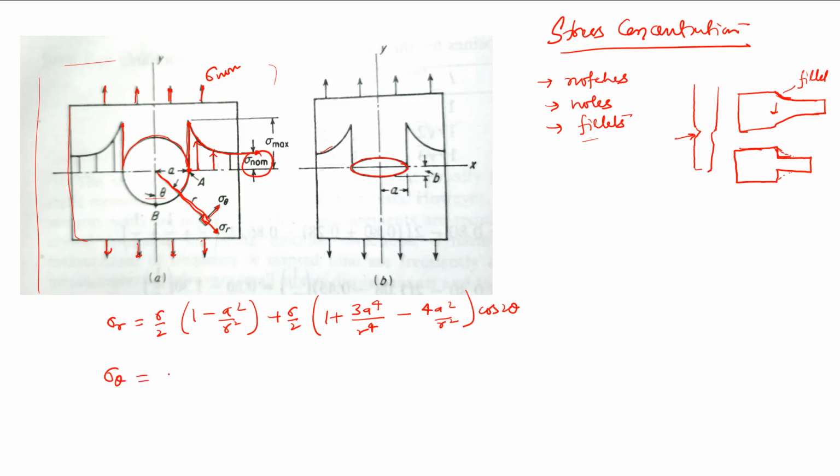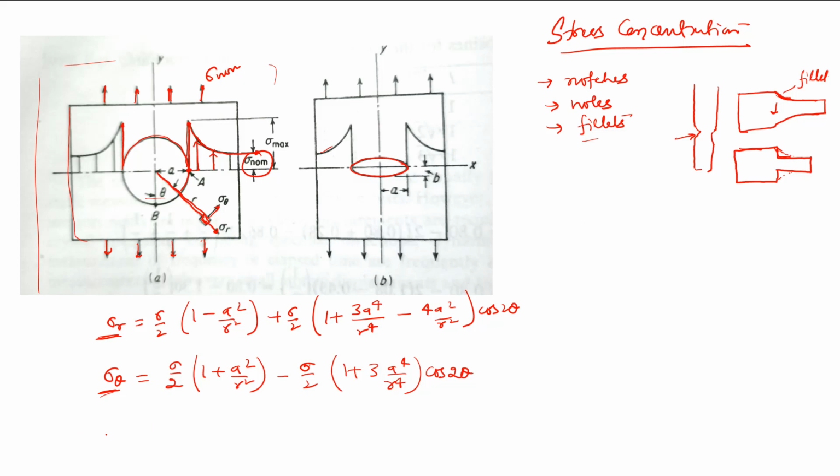Then sigma theta is equal to sigma by 2 (1 plus a square by r square) minus sigma by 2 (1 plus 3 a to the power 4 by r to the power 4) cos 2 theta. These are the two stresses, and apart from this there is also the shear stress which acts. That we will not see here, we will just try to understand these things.